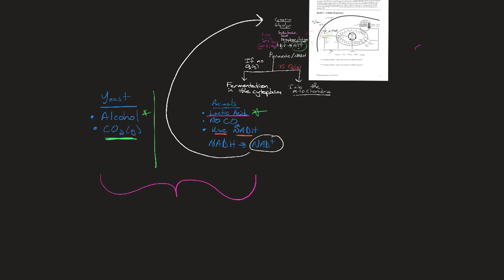2 big differences. In both, you're replenishing your NAD+, so that you can go back and pick up another electron. But the key difference is you're going to produce CO2.